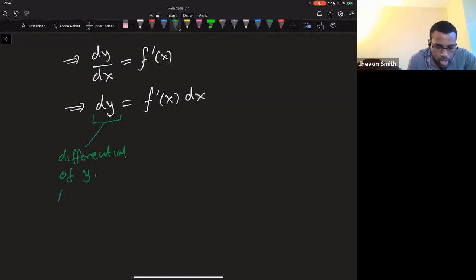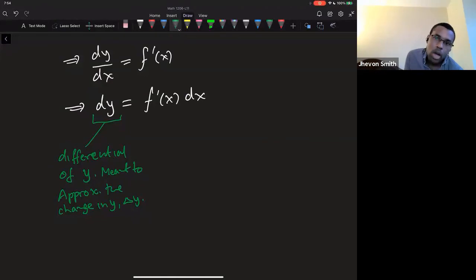of y. It's meant to approximate the change in y, which is your delta y. So this is how much your y value is going to change from the point where you know everything to the point where you don't. And it turns out you can actually get it from this thing.